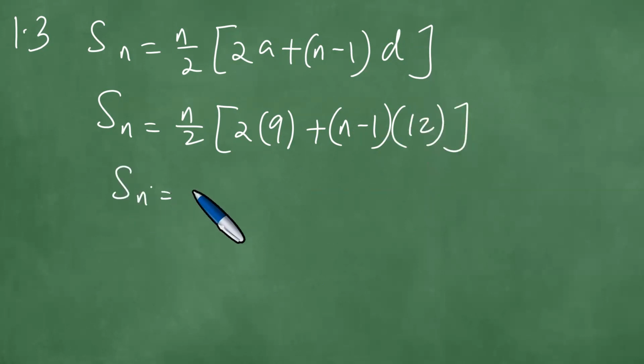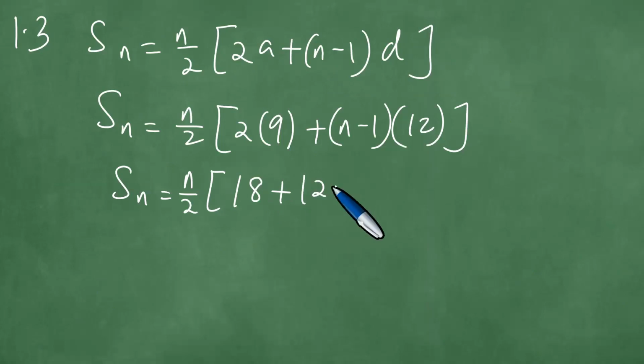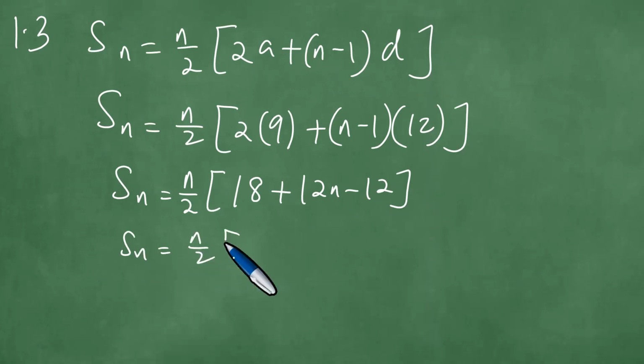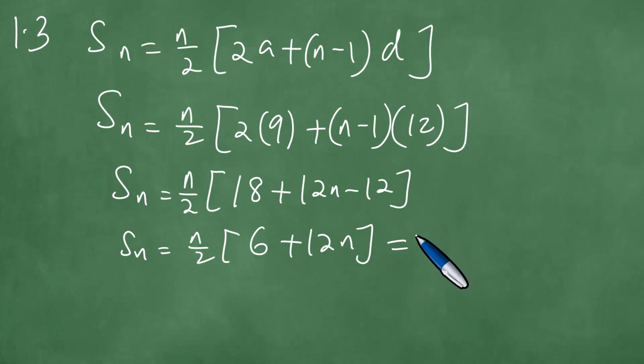And therefore, Sn equals, we just need to simplify this. Once you simplify this, it shall become the answer they want. It's going to be n over 2 into 18 plus 12n minus 12. So Sn is n over 2 into 6 plus 12n, since 18 minus 12 is 6.